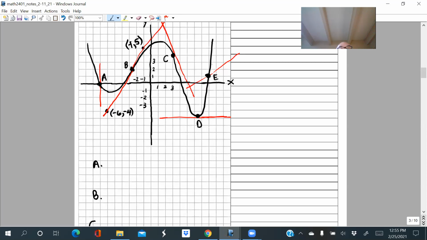So I did not do a very good job of drawing the tangent line here at the point A. What about at the point B, though? That red line right there, does that look like that could be the correct tangent line? At the point B, does this red line sort of duplicate the graph?